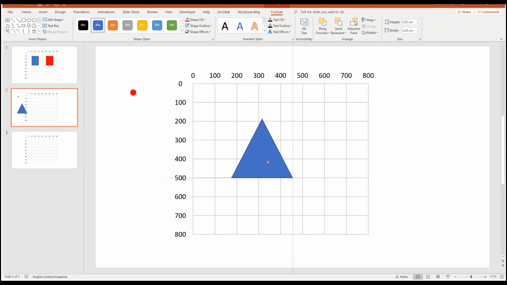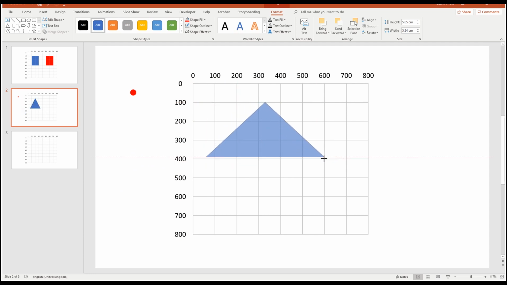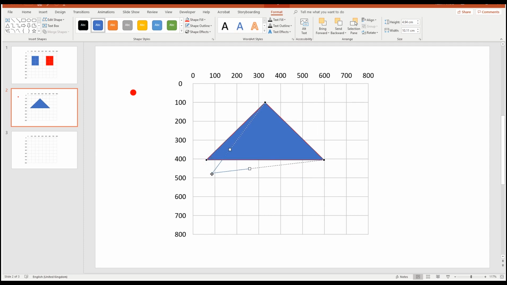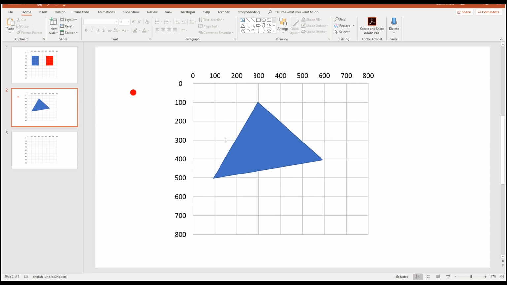So let's have a triangle that's maybe there and perhaps goes out to there. Let's just edit the points and maybe have this one like that. There we are. Make sure these points are on a coordinate point. That'll make it a bit easier for you later on. So there we are. That's the triangle we're going to try to draw.